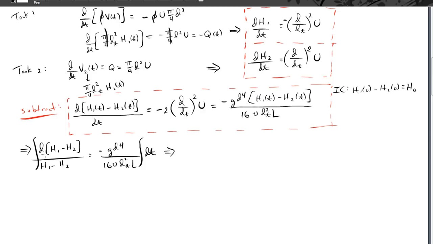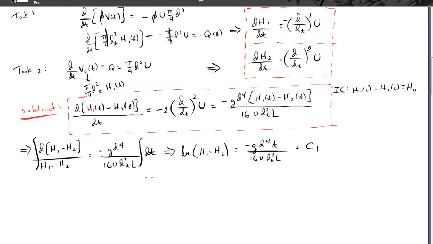And on the left-hand side, it's dx over x, essentially. So we get the logarithm of h1 minus h2 is equal to minus g d to the fourth t divided by 16 nu D_T squared L plus a constant of integration that we'll call C1.